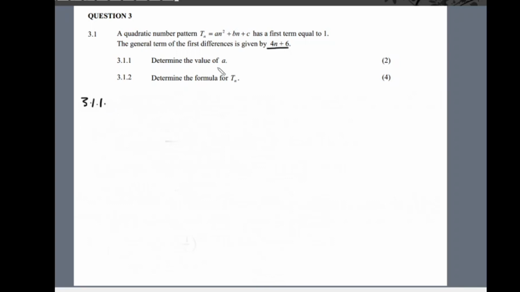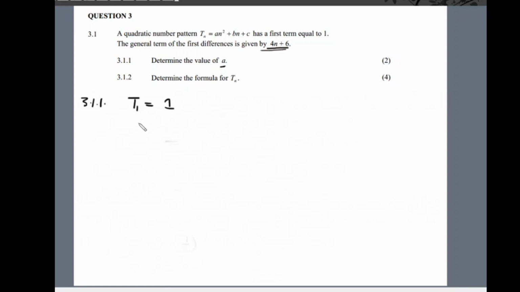3.1.1, they want us to calculate the value of a, right? They tell us that term number 1 is equals to 1, and that the formula for the first difference is given by this.